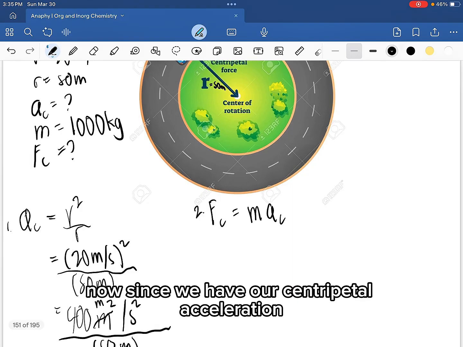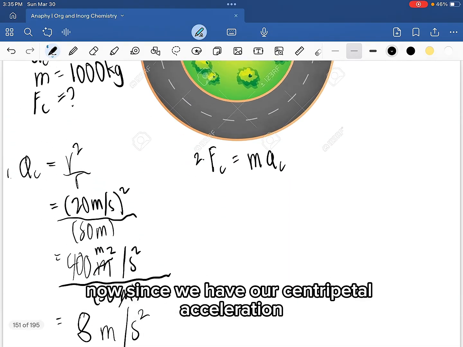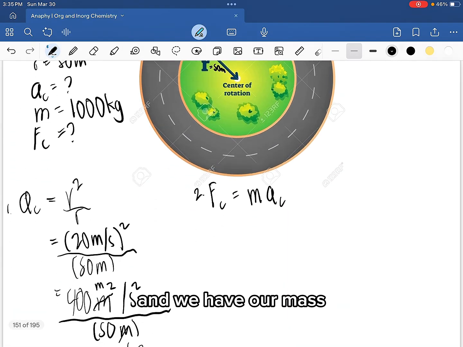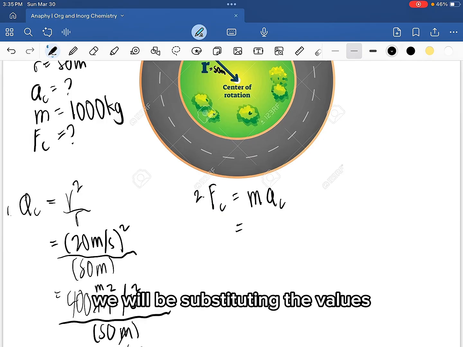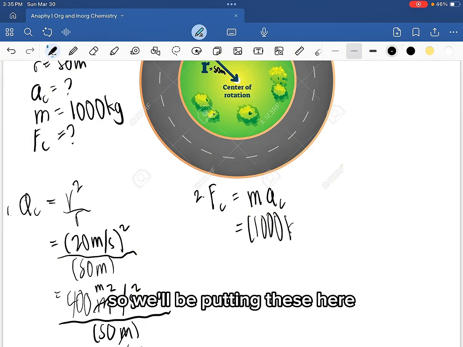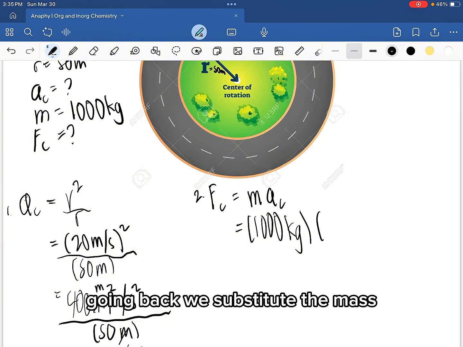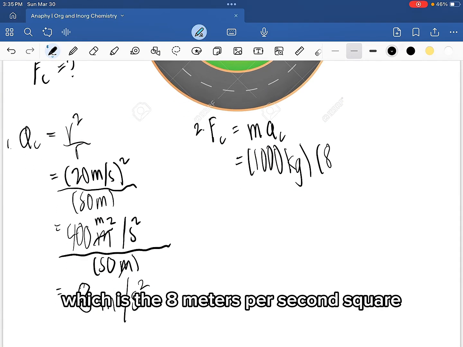Since we have our centripetal acceleration and our mass, we will be substituting the values. So we substitute the mass and the acceleration, which is 8 meters per second squared.